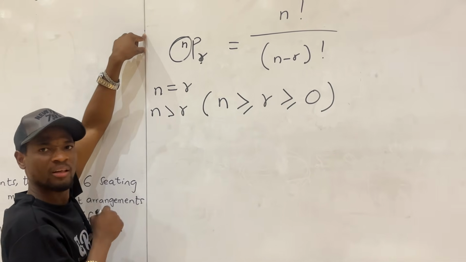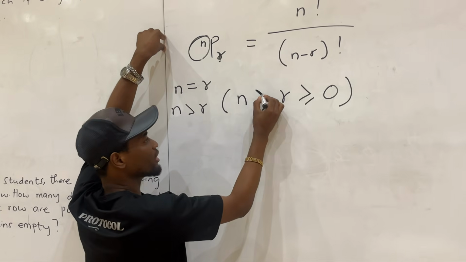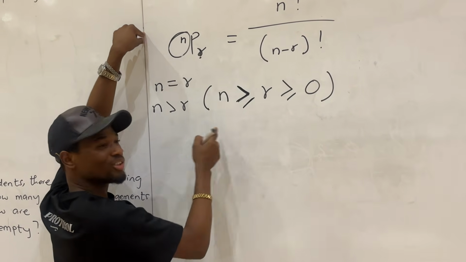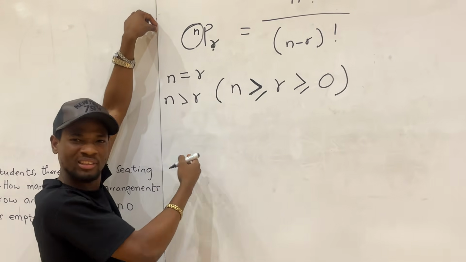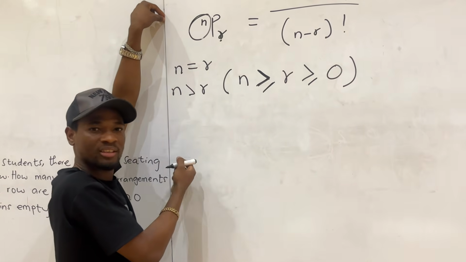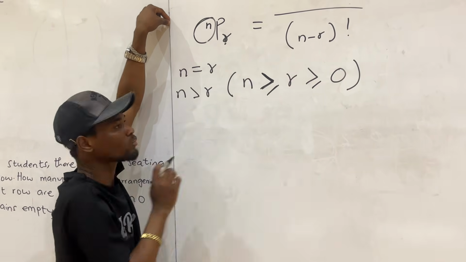Do you get it that way? Yes. That explains why we have greater than or equal to. Let us appreciate mathematics. Let us appreciate the concept. You don't have to memorize this.